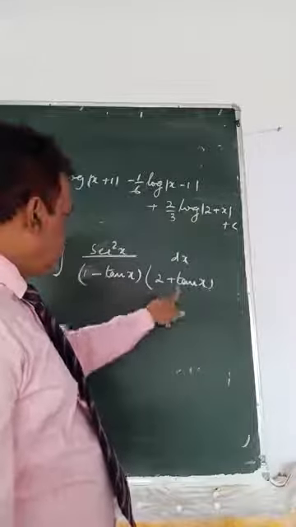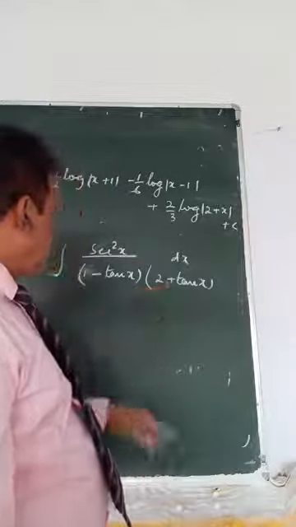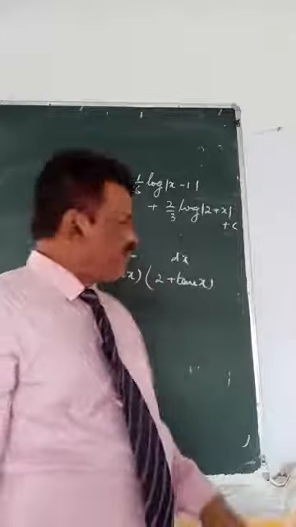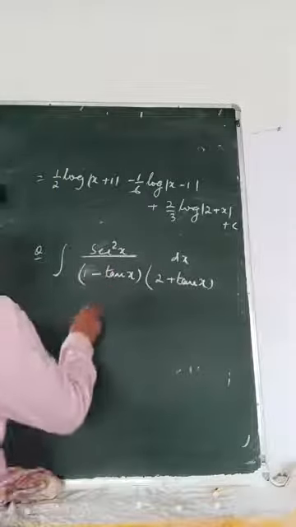So here we have trigonometric functions. So how to solve the trigonometric functions here? Now we take a substitution here, because the derivative of tan x is sec square x. So put t equals tan x.